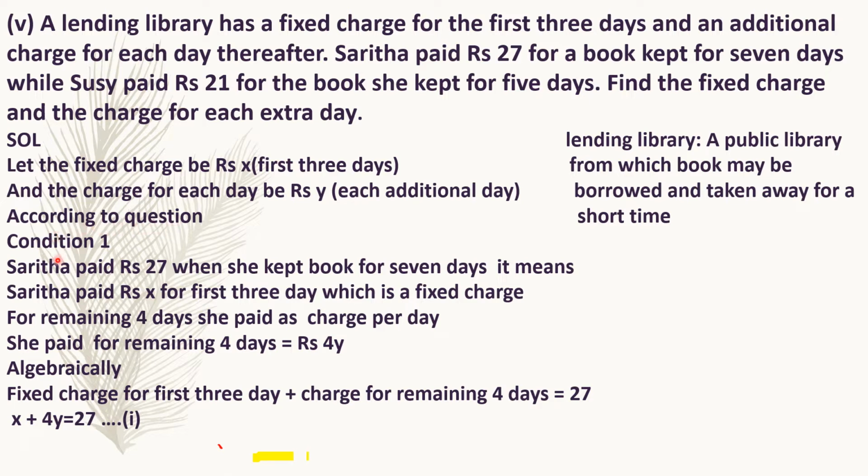So according to the question, in condition number first, Sarita paid rupees 27 when she kept the book for 7 days. It means Sarita paid rupees x for first 3 days because it is a fixed charge. Now for the remaining 4 days, she has to pay charge per day.